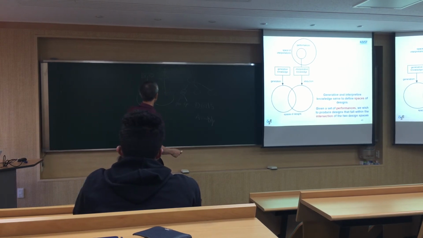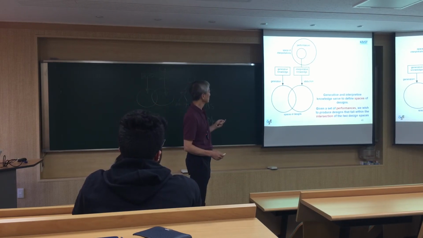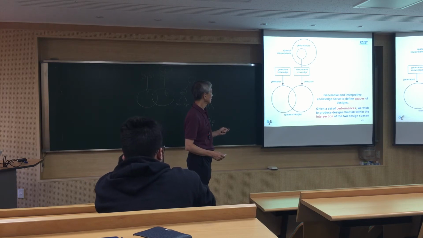So this one, the same drawing here. We start from required performances, or the meaning I want to deliver to you, and using interpretive knowledge, we arrive at some sentence or some drawing or design. Another way is just generative knowledge: using grammatical rules, generate correct sentences.